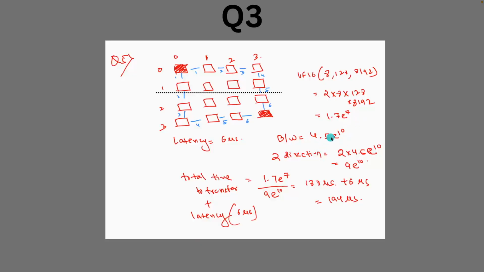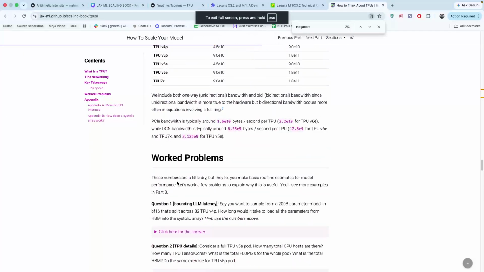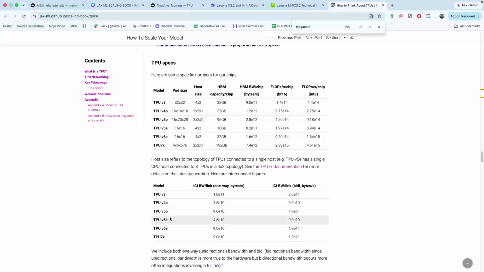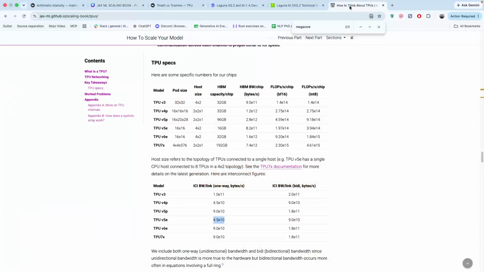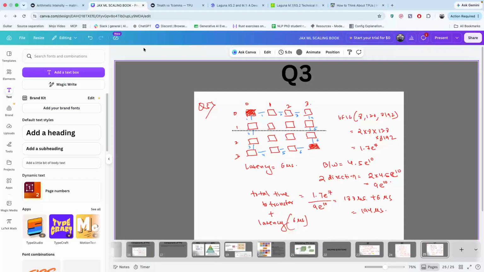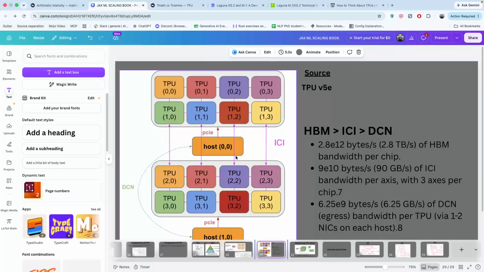If I go back to our spec sheet for the TPU v5e architecture, we need the ICI bandwidth link, which comes to around 4.5e10, because, as we saw here, these chips are connected by ICI.